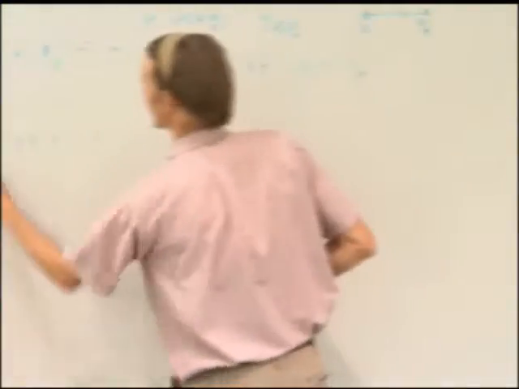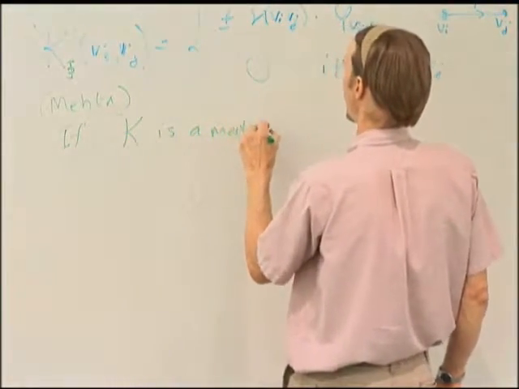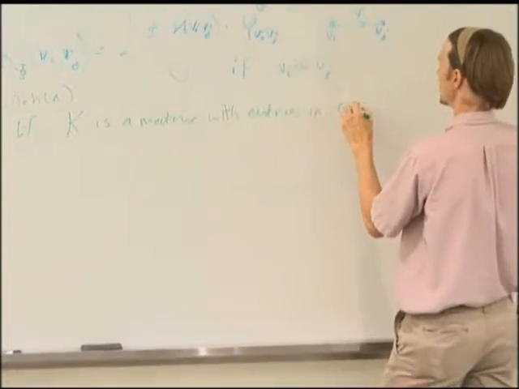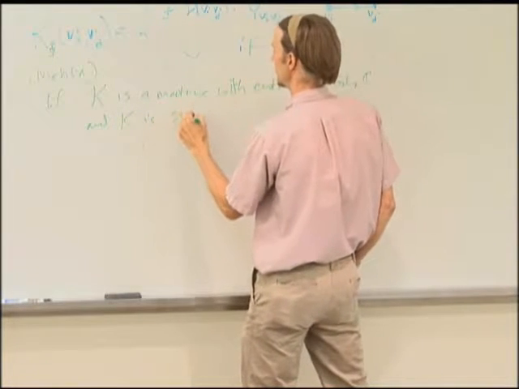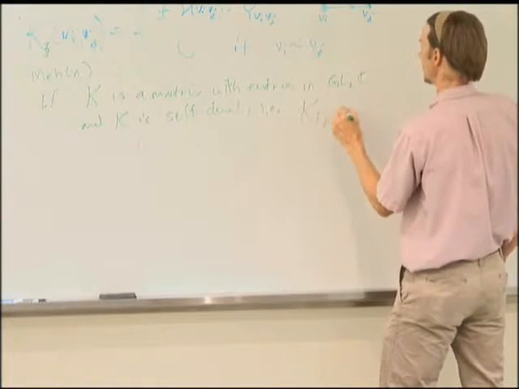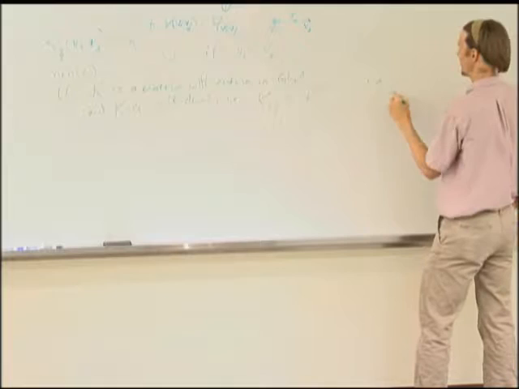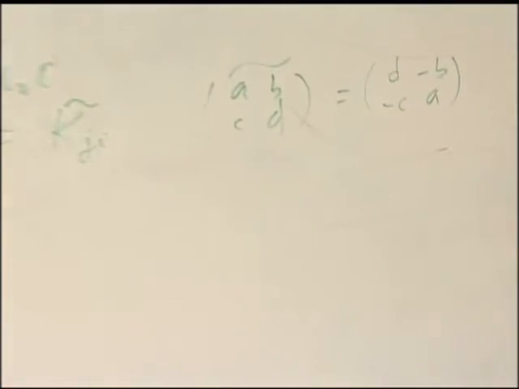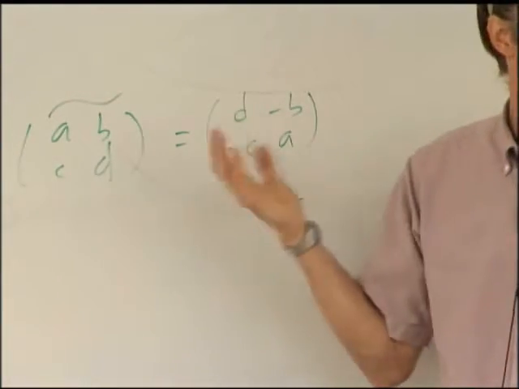So if K is a matrix with entries in GL2C, and K is self-dual, i.e., Kij is Kji dual, where the dual of A, B, C, D equals D, minus B, minus C, A. If the entries are in SL2C, this is just the inverse, but in general it's the determinant times the inverse.